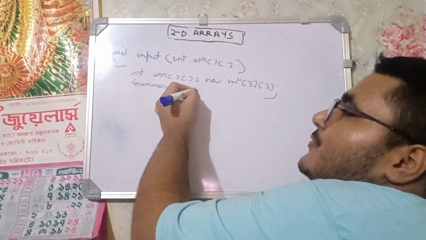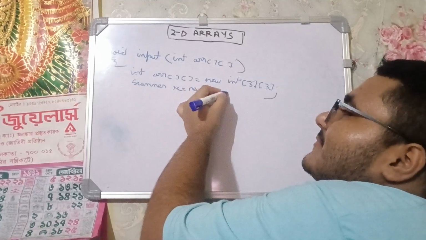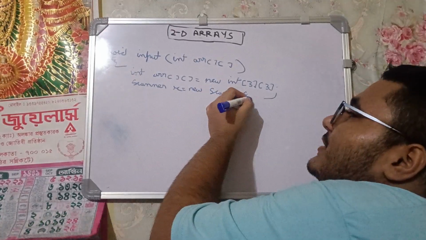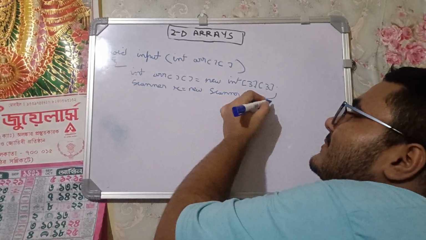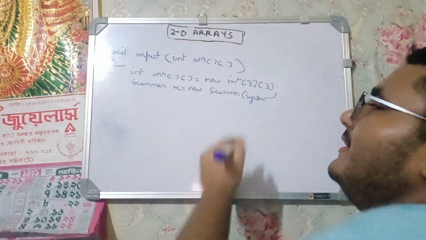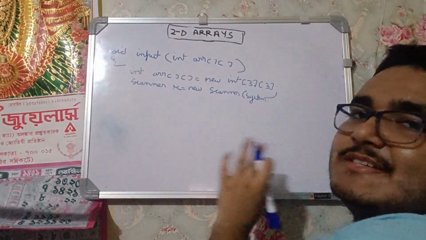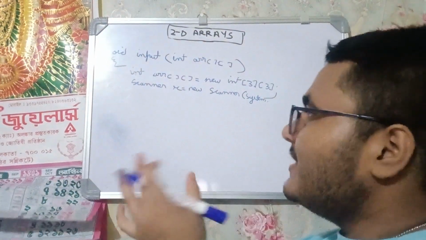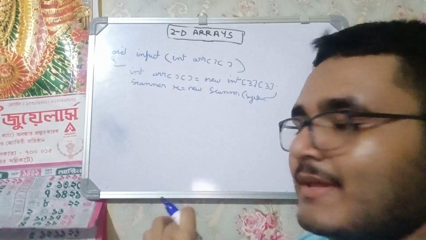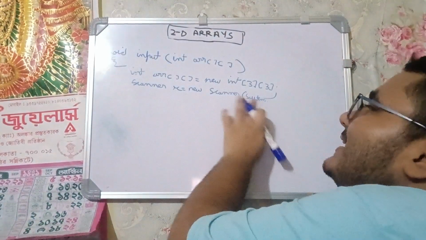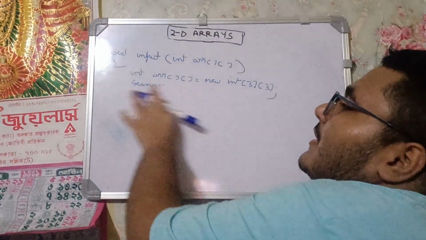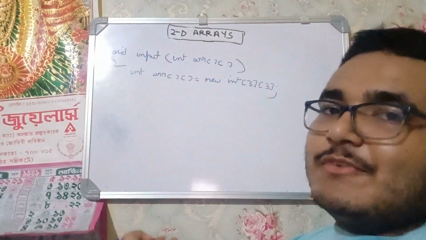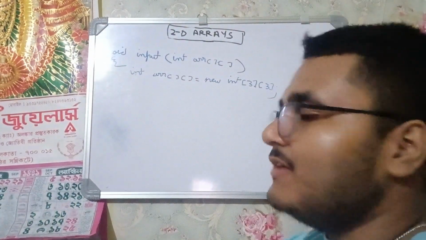Scanner sc is equal to new Scanner(System.in). I hope you know these things because you have watched my previous lectures on array and Java. So better let me write pseudocode which will be applicable for all the languages: Java, C and Python.